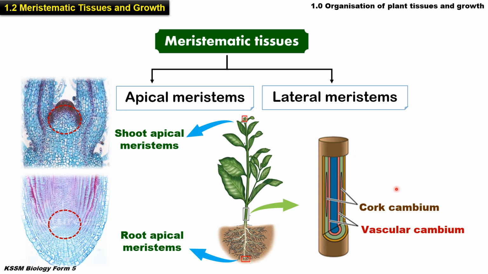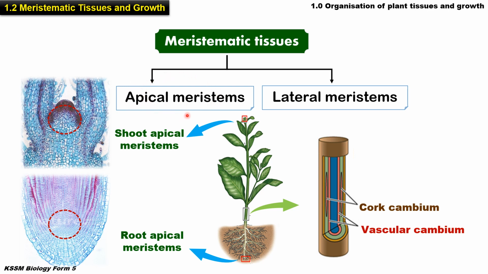In previous class, you learned about cambium. For this topic, you are going to learn what this cambium does for the plants to grow. So kita fokus dulu kepada the first one, apical meristem.